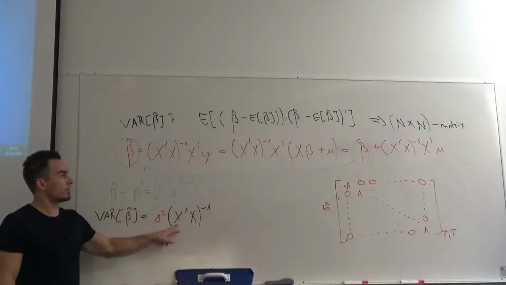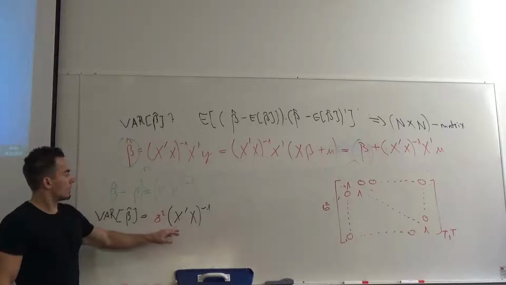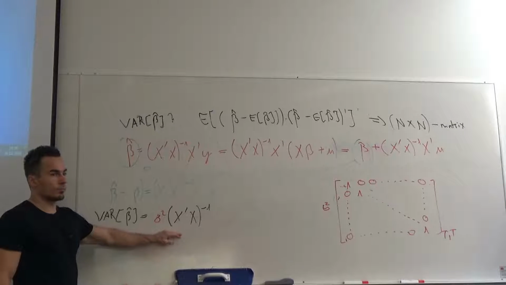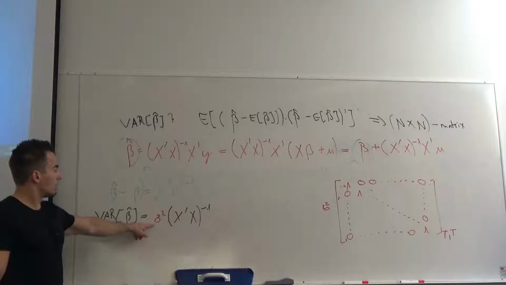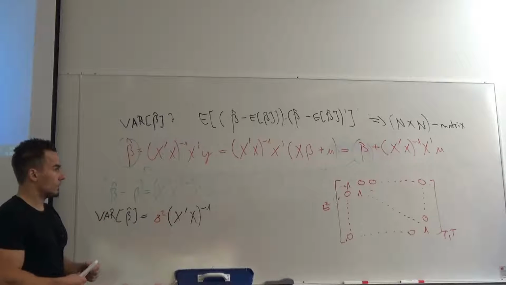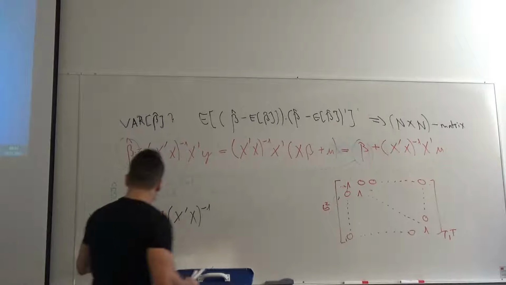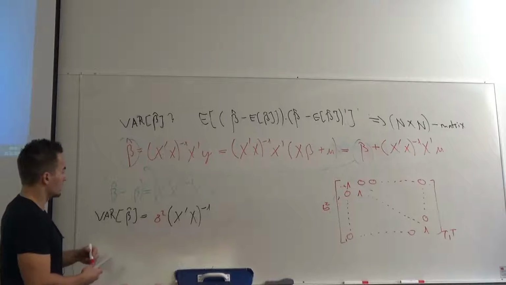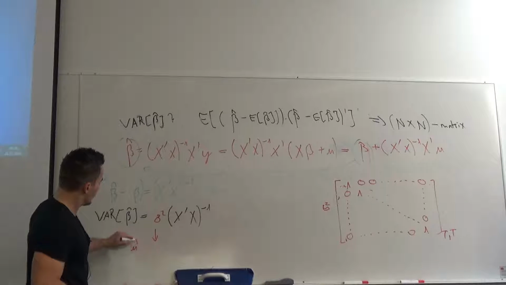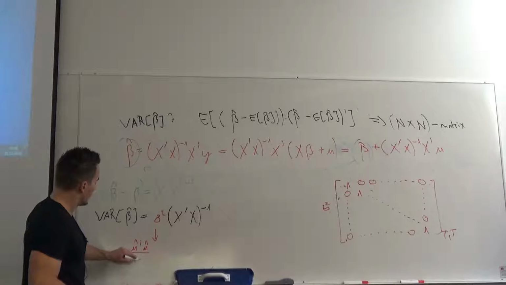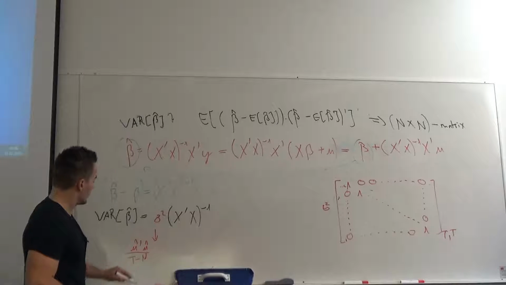And we know this guy here is the n by n matrix. This guy here we know from the data. We can estimate sigma squared as we did at the beginning of the lecture, right? We can easily estimate it as the error vector transposed times itself divided by the number of observations minus n.